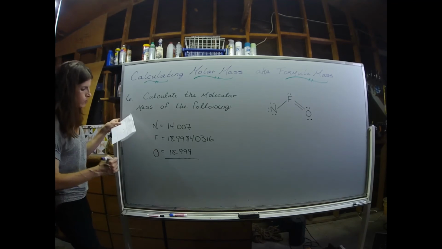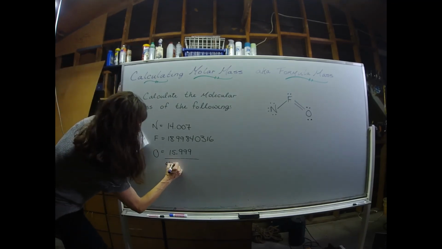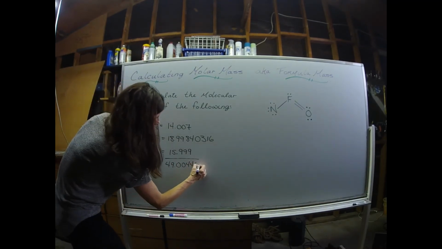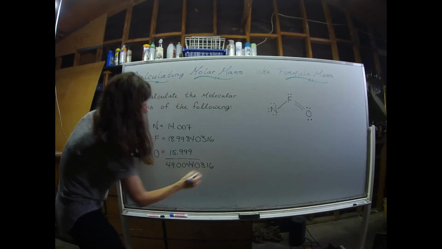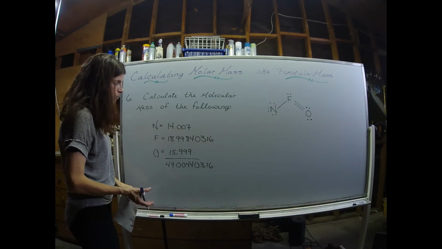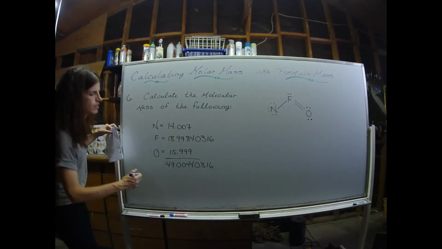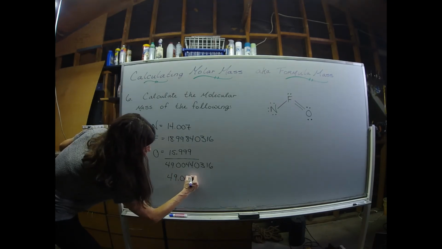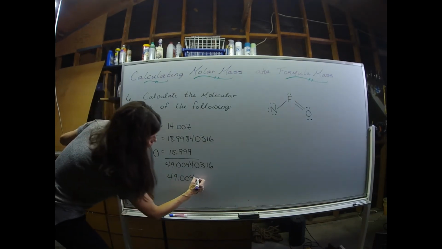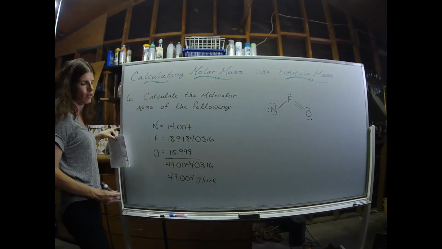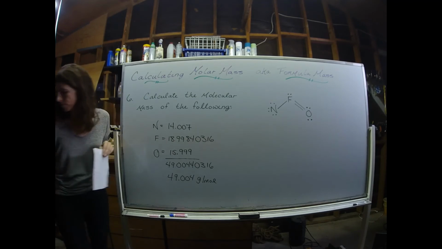So when we add this all up, we get 49.00440316. And the nitrogen and the oxygen only have 3 decimal places. So I'm going to just report this answer to just 3 decimal places. So I'm going to say 49.004 grams per mole, because they asked for molecular mass, so I'll use grams per mole.